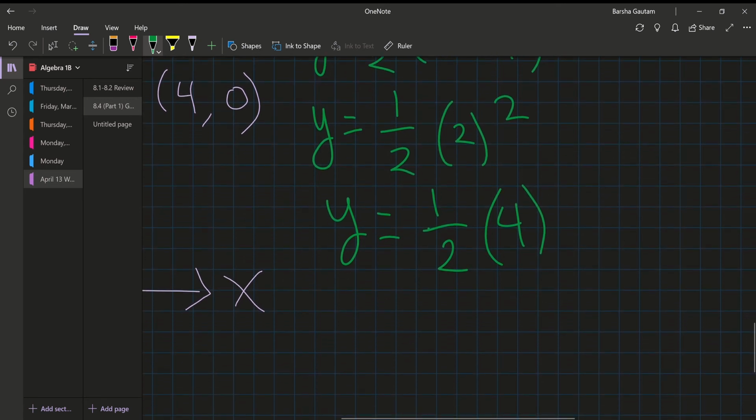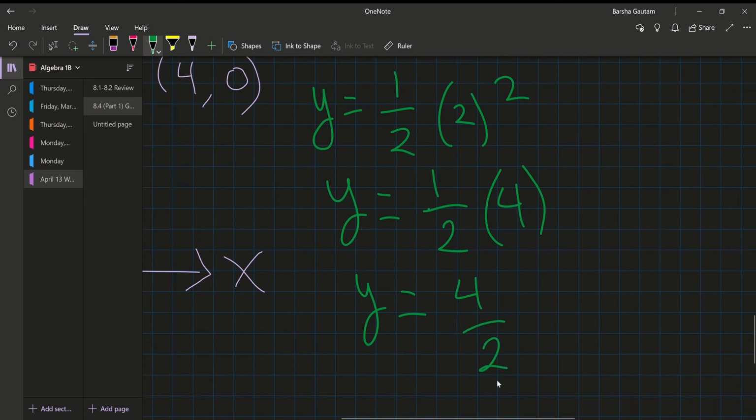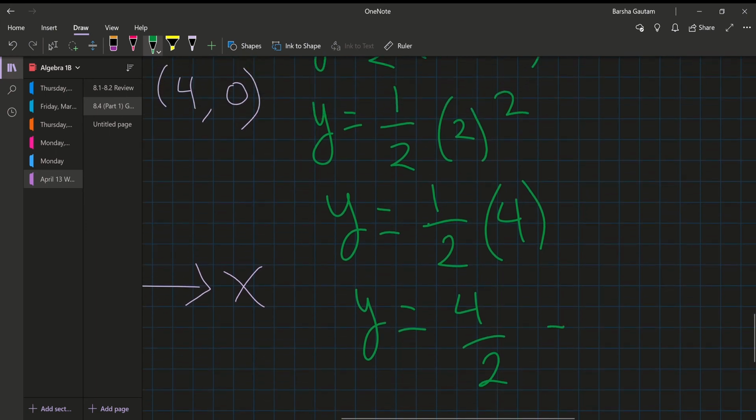So when we simplify this, we're going to have 4 over 2, right? Because we're multiplying 4 by 1/2, and then we have to divide 4 by 2, which is equal to 2.